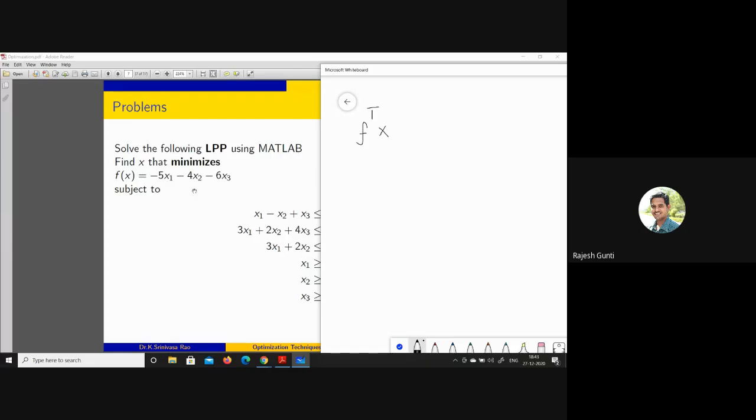X contains three variables x1, x2, x3. How to write this in f transpose? F transpose means minus 5, minus 4, minus 6, transpose x, which is the variables x1, x2, x3. Then only it will be an equation.